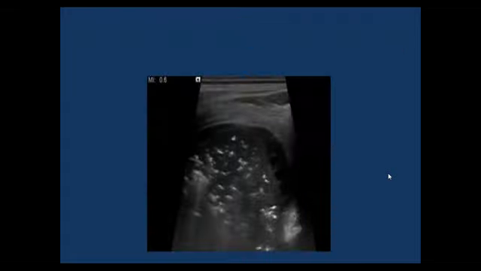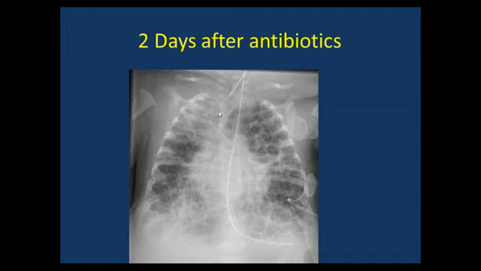It's really difficult to differentiate. By ultrasound it was much easier to identify pneumonia in the same area. In spite of change of ventilation it did not improve, but two days after start of antibiotics you can easily detect the difference compared to the first X-ray.